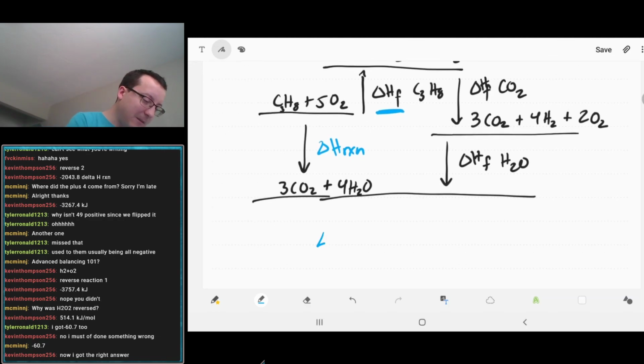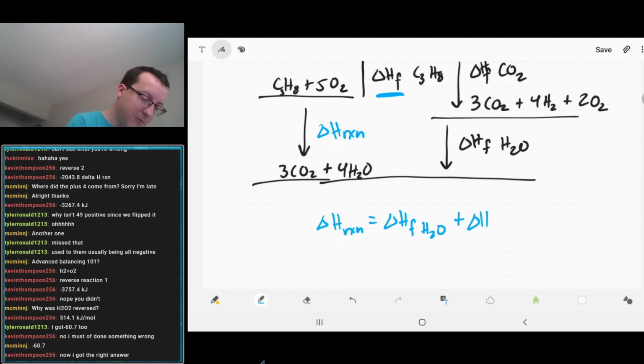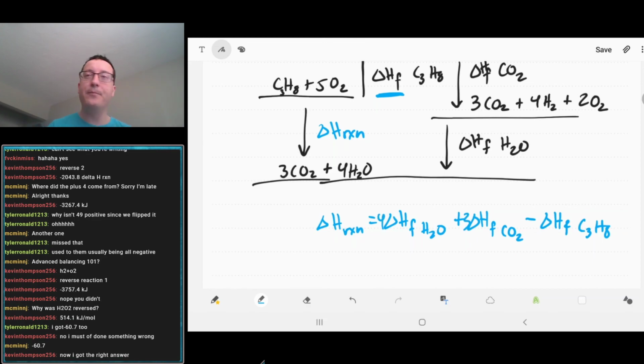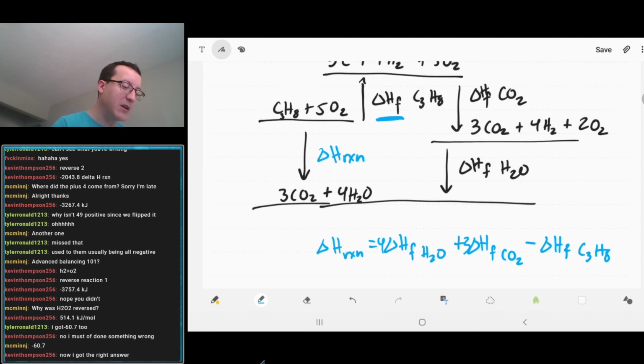And so that is technically, delta H reaction is delta HF of the water plus the delta HF of CO2 minus the delta HF of propane. And technically we have some coefficients here. We had 4 waters and 3 CO2s, right? Just visually displaying what we're doing here.